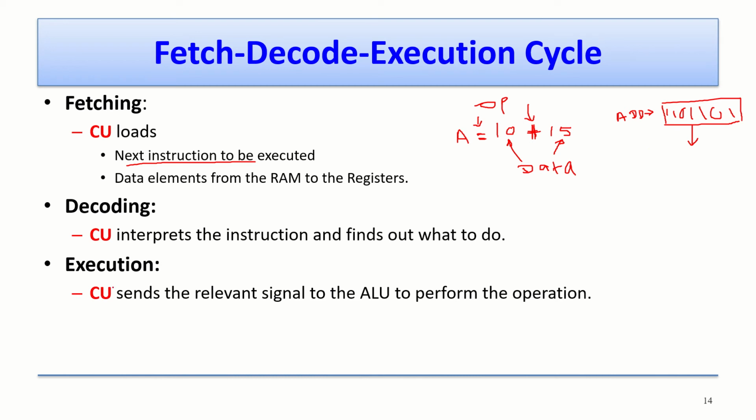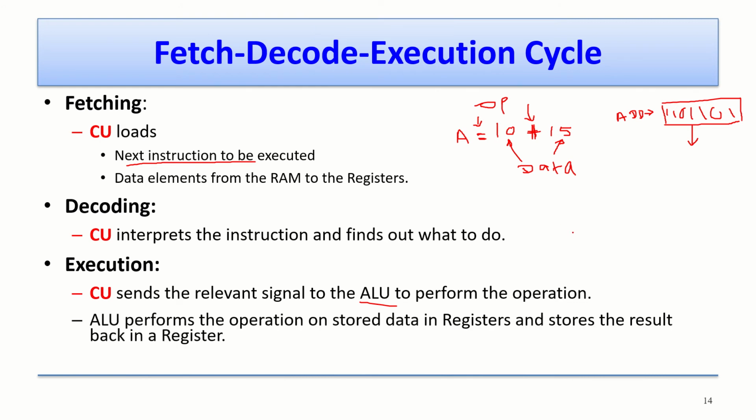In execution, the control unit sends the relevant signal to the ALU, the arithmetic logic unit, to perform the operation. Execution means the control unit sends the relevant signal depending on the interpretation of the decoding phase. So that's what we call execution.